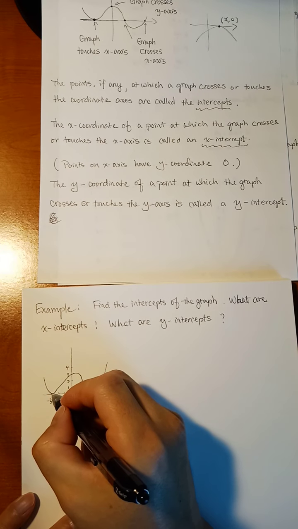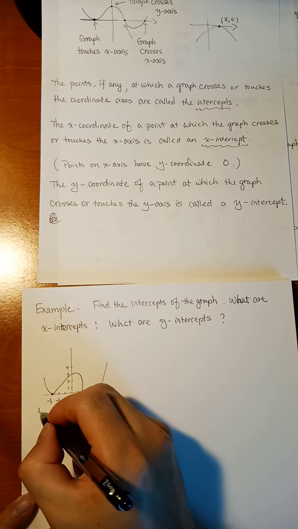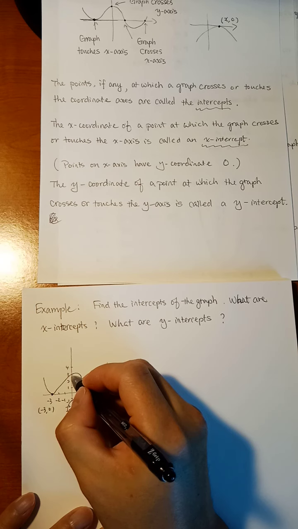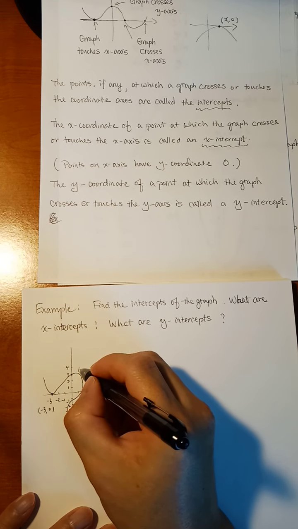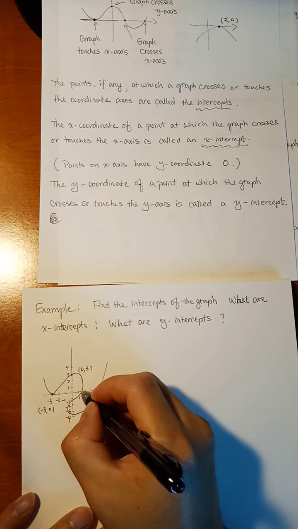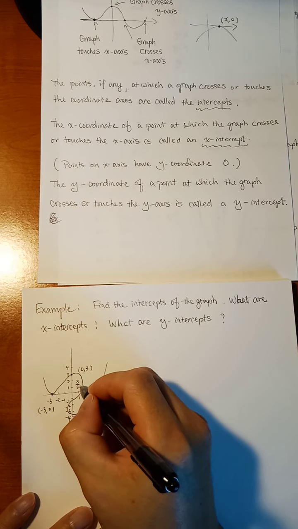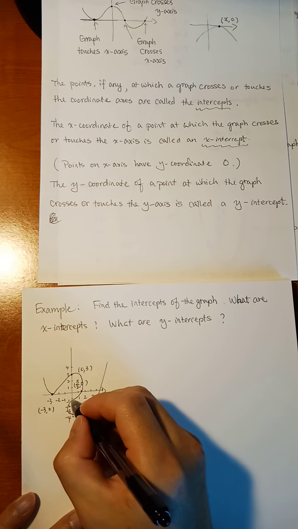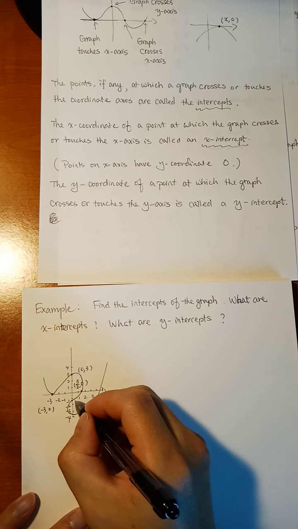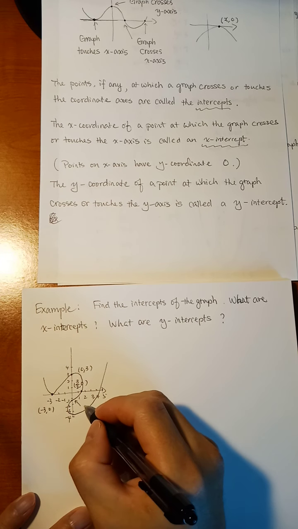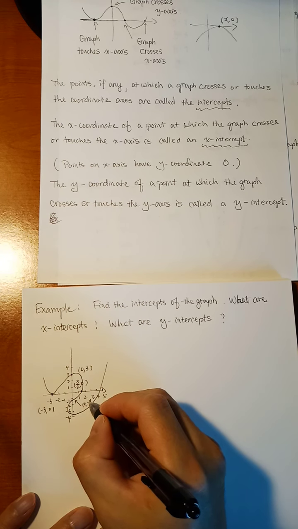So this point, the corresponding point is negative 3, 0. This is 0, 3. This point, the intersection point, is 3 halves, comma 0. And this is 0, negative 4 over 3.